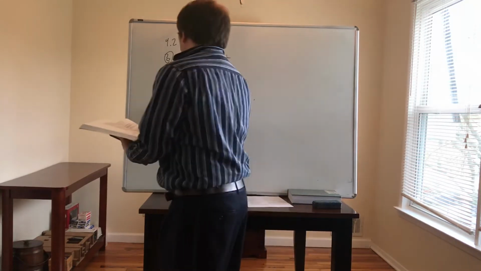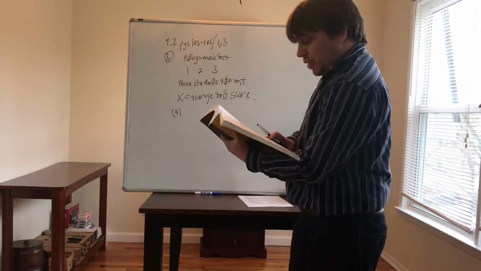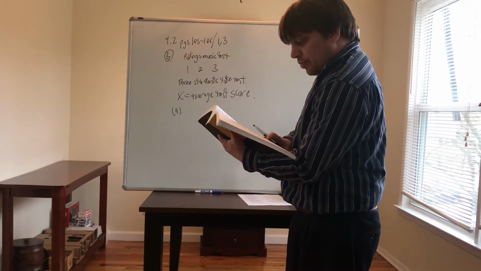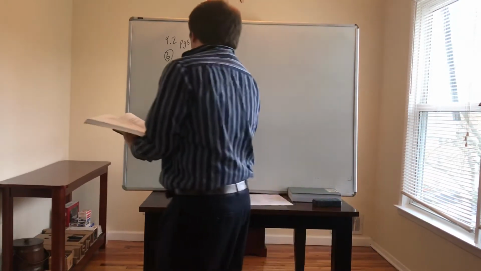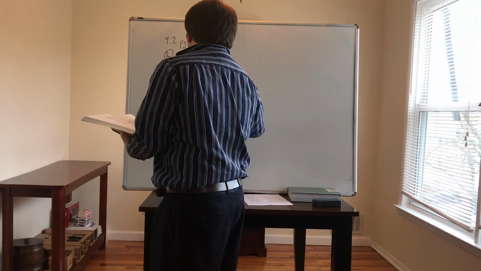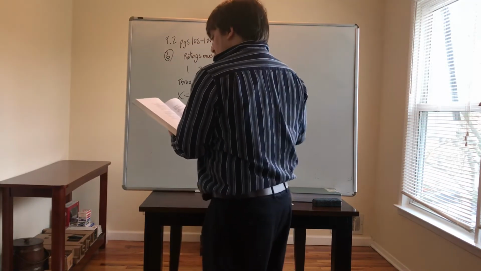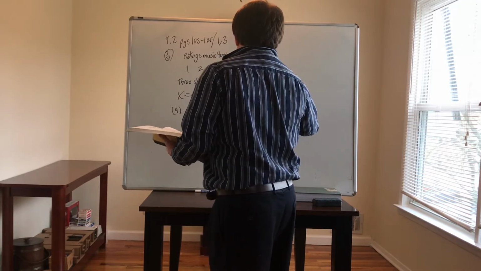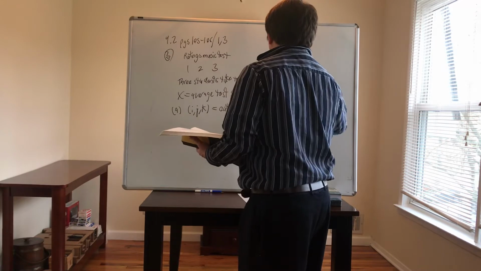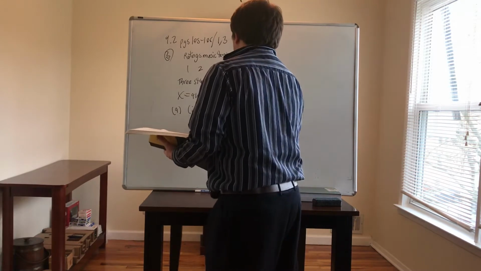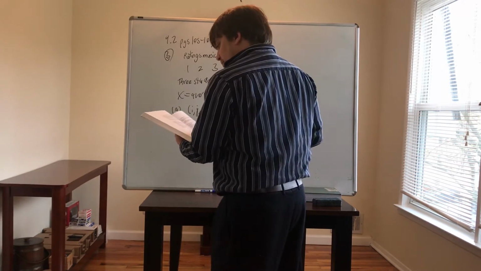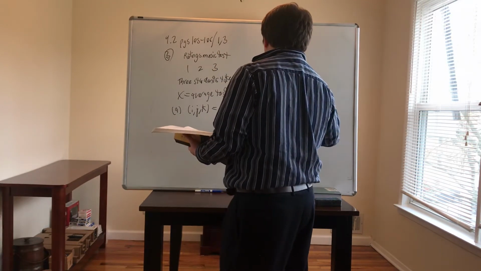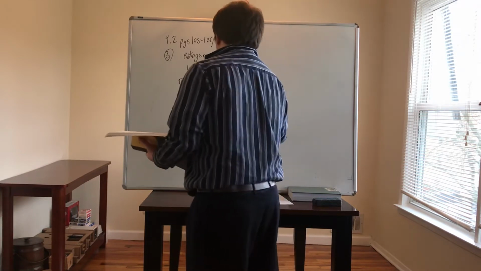Part A, use a notation of functions to define the random variable X. The hint is to use this notation. IJK is the notation for the outcome of the first, second, and third students receiving the I, J, K ratings, respectively.